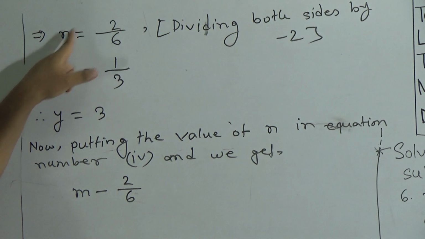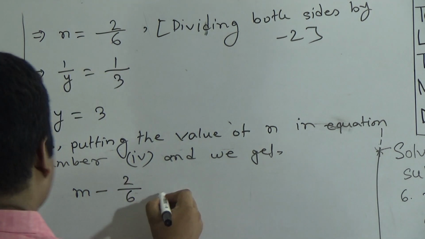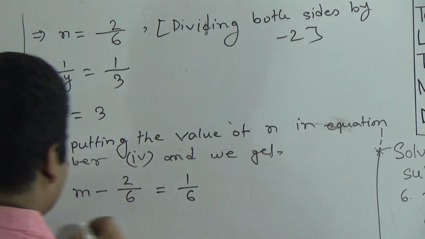Notice, the value of n is 2 by 6. So m minus 2 by 6 equal to 1 by 6.